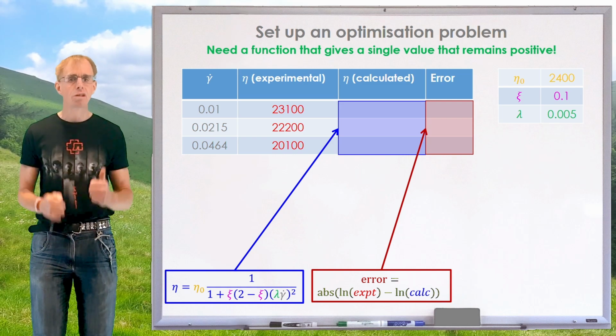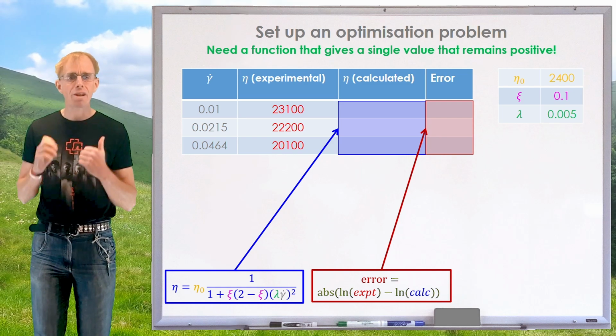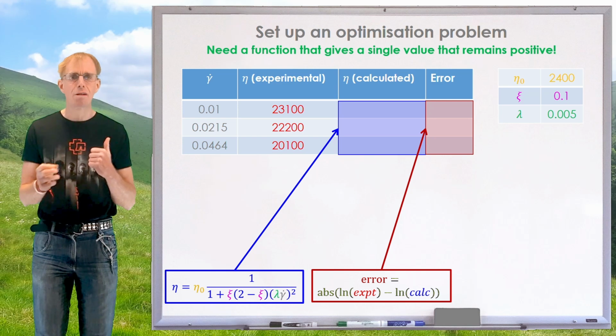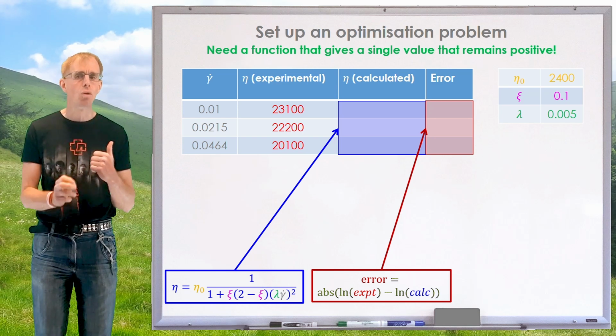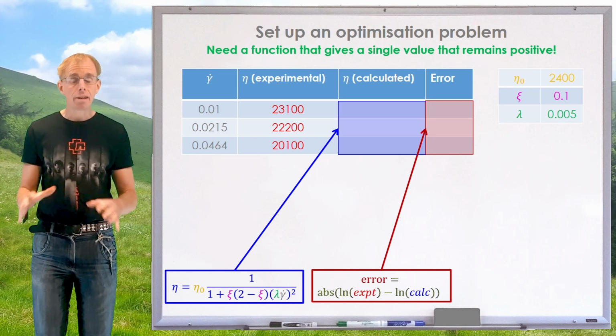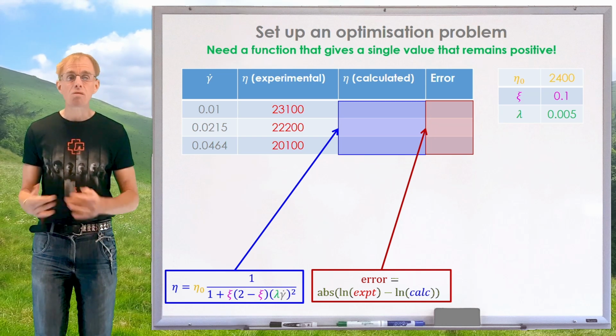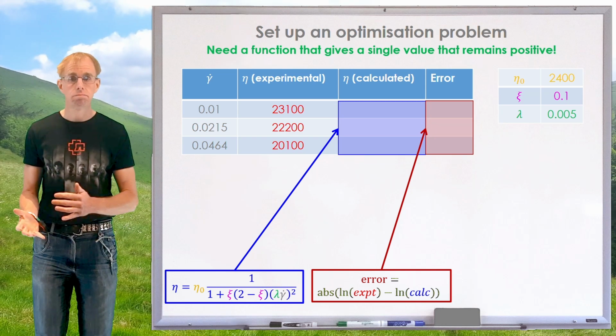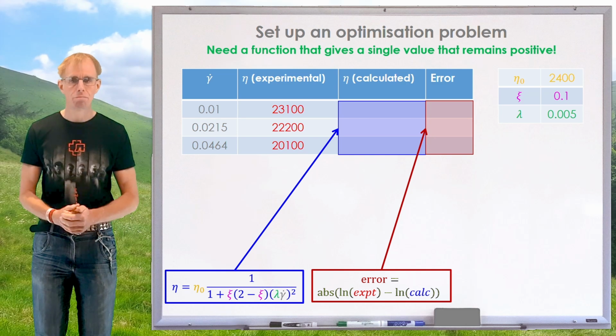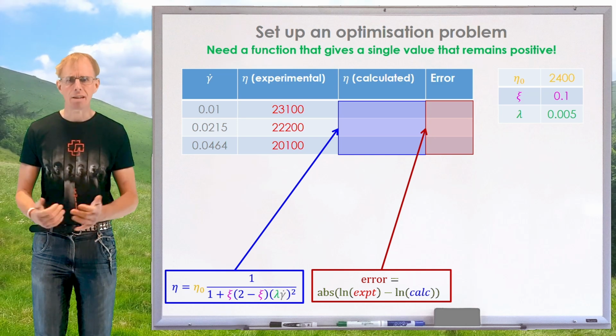So what I'm going to do is take the absolute value of the natural log of the experimental data less the natural log of the calculated data. And in that way, the natural log of these values is always going to be around order 1. It's not going to be tens of thousands. It's not going to be minus tens of thousands.